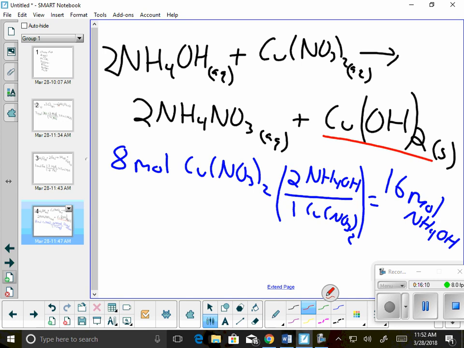So again, if we started with 8 moles of copper nitrate, and I asked for how much of the copper hydroxide was made, what's the ratio between copper nitrate and copper hydroxide? It's 1-to-1. We'd have 1/1, which means it would just be 8 moles of it. You can get that with stoichiometry sometimes as well.